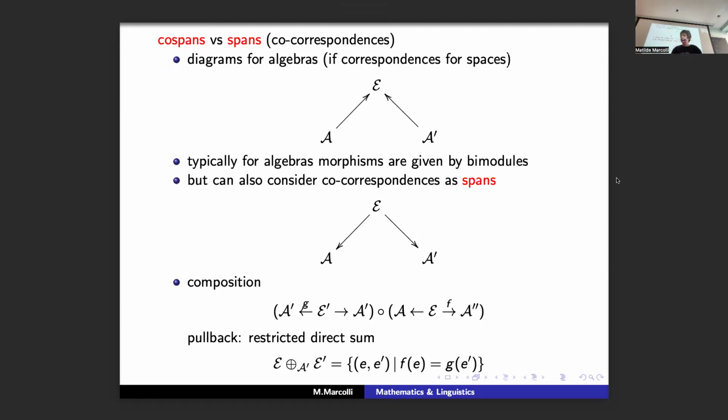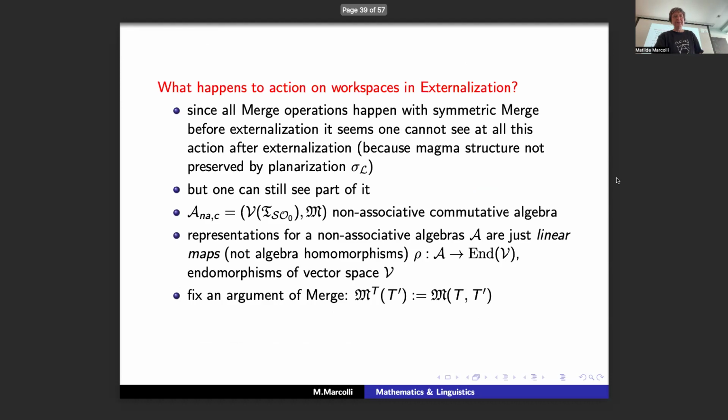In general, if one has this span picture for spaces and one thinks in terms of algebras, the correspondences would go the other way. But of course, you can also have what are referred to as co-correspondences, where at the level of algebras the arrows go this way. I'm saying this because in this setting it looks more like these spans, these co-correspondences, in the usual categorical language.